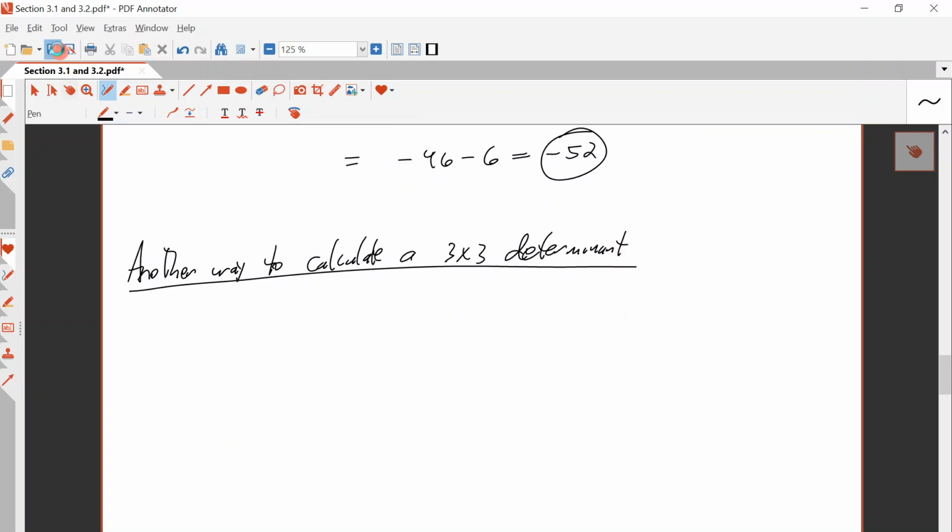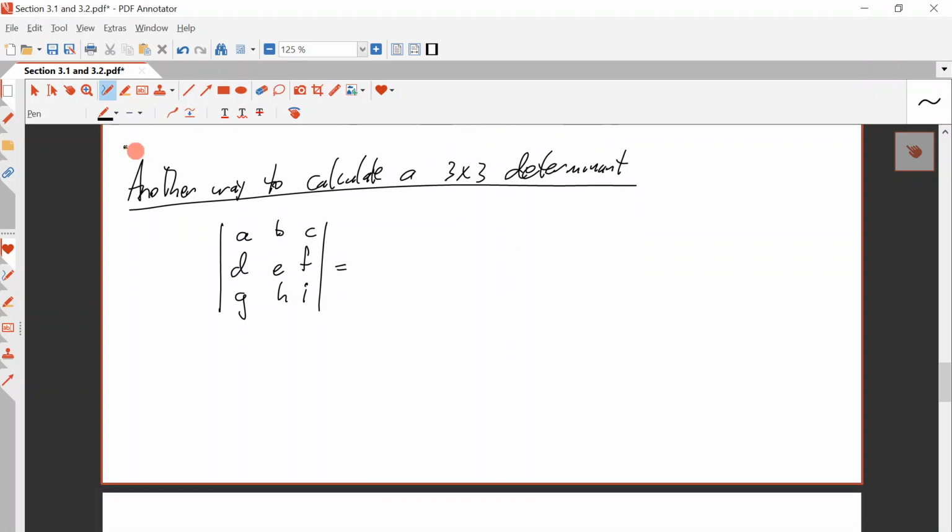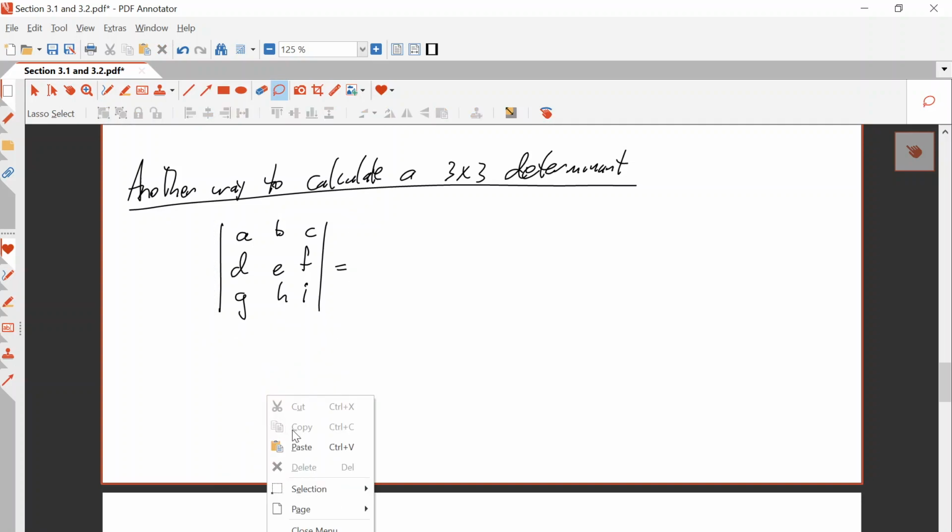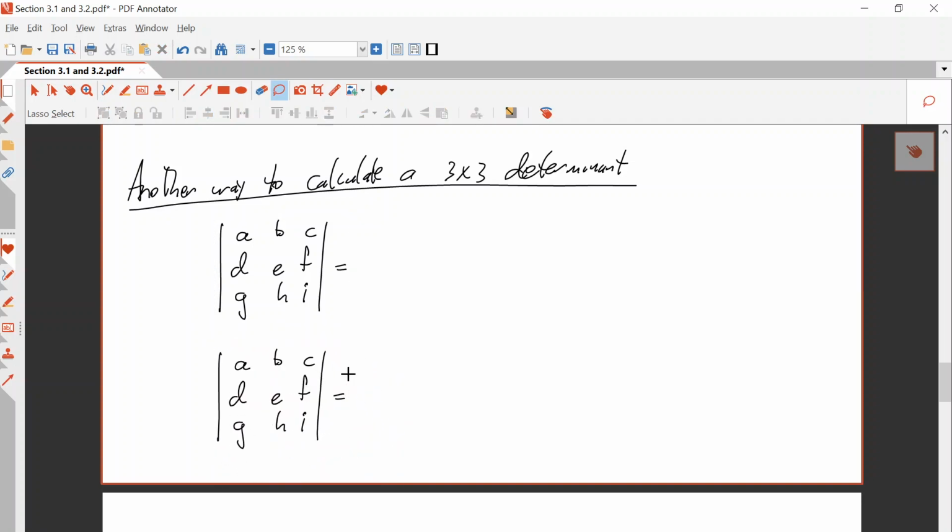A, B, C, D, E, F, G, H, I is equal to, rewrite this 3 by 3 matrix and then put next to it the first two columns.